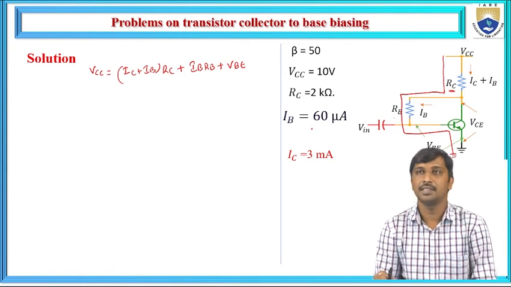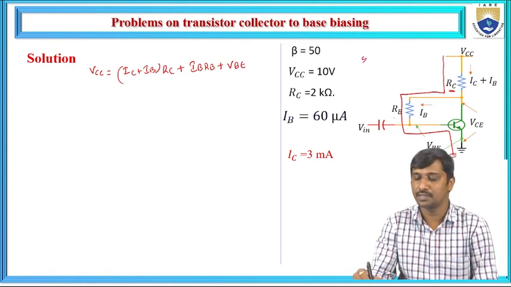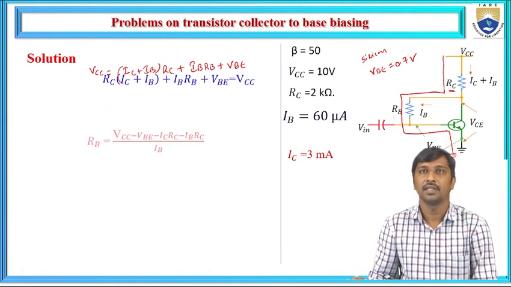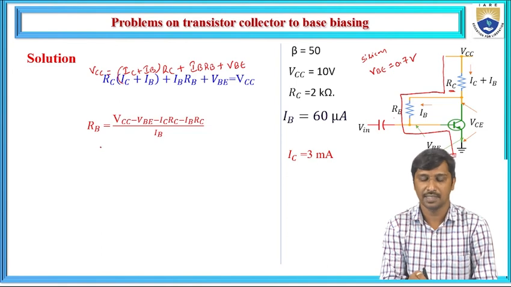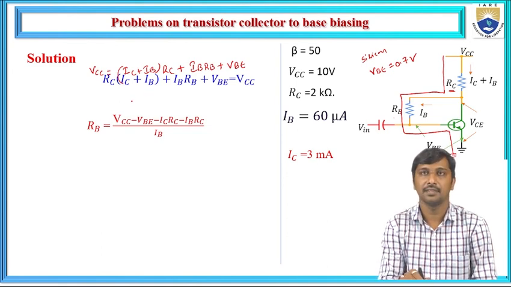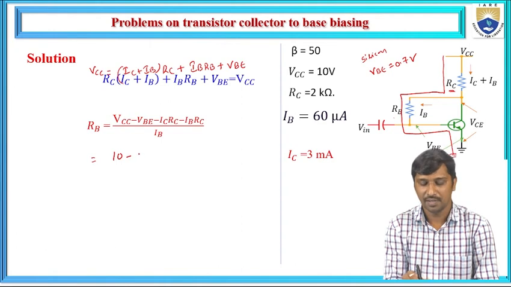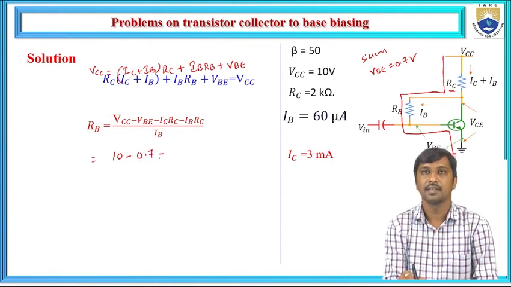Now let us consider the transistor type is silicon, hence the VBE value is 0.7 volts. By using this relation, RB is represented as VCC minus VBE minus IC times RC minus IB times RC, divided by IB. Now substitute VCC as 10 volts and VBE as 0.7, minus IC.